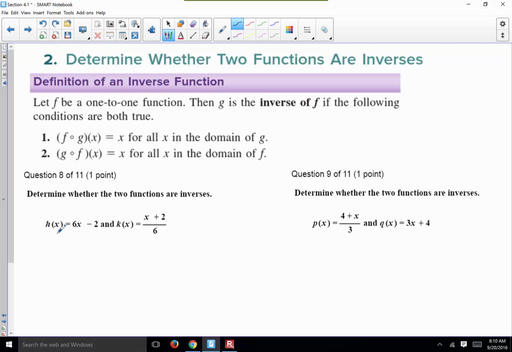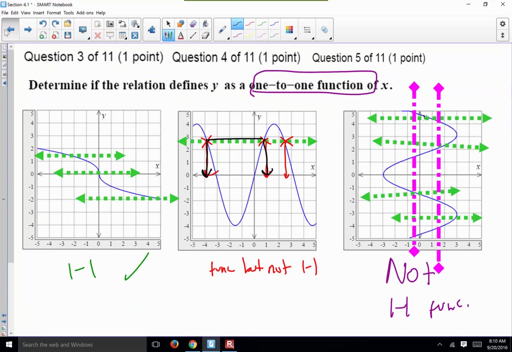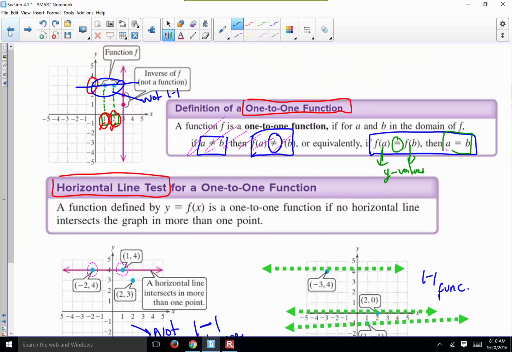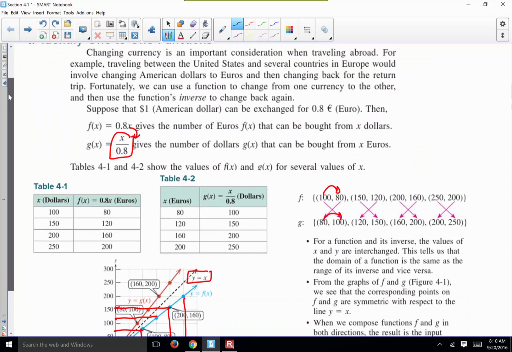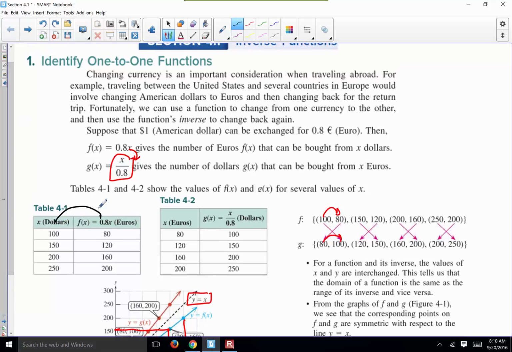Alright, what we are going to do here is, once you are given two separate functions, how do you test whether one of them is the inverse of the other one? Such as, what is the definition of inverse in this picture? Conversion of currencies. You change dollars to euros and euros to dollars with two different formulas, and these functions are inverse of each other.